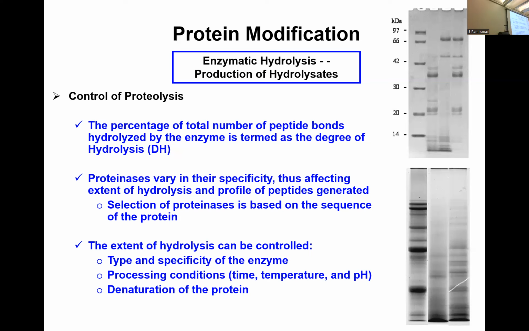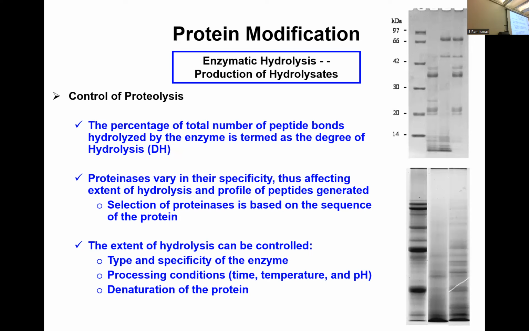Here the protein that we used for the hydrolysis was native protein, not denatured. Here the soy protein we used for the hydrolysis was already a commercial protein, already made. So what happened is we used the same set of enzymes. We used trypsin and pepsin.